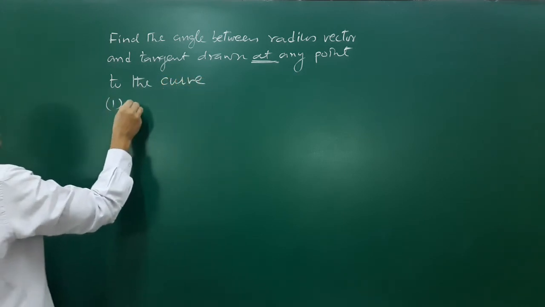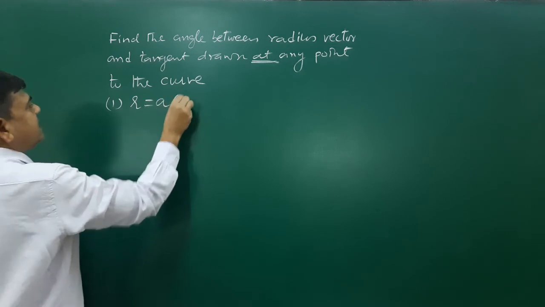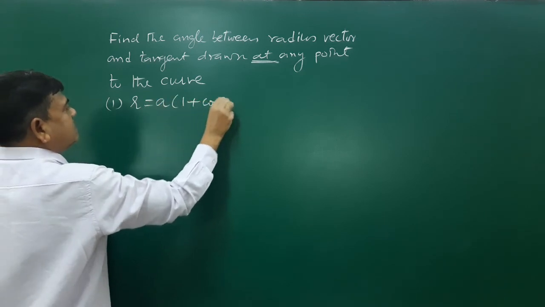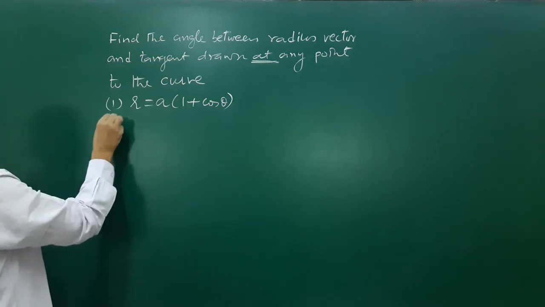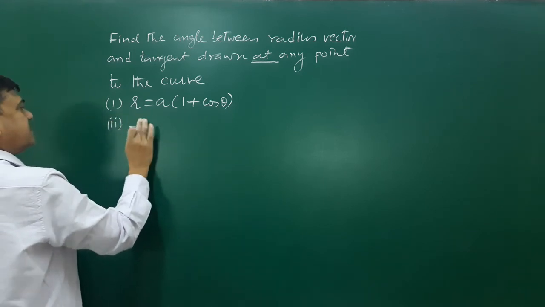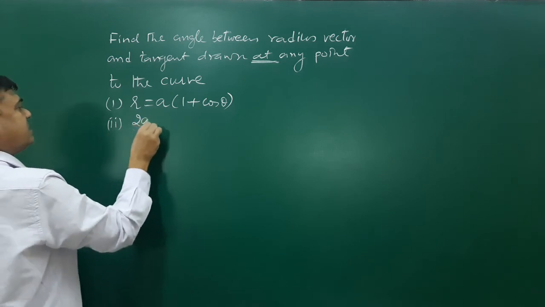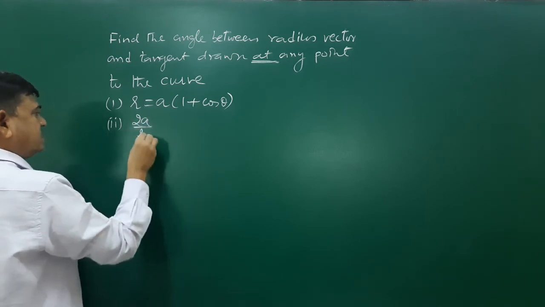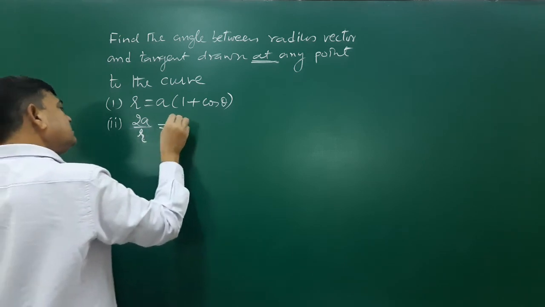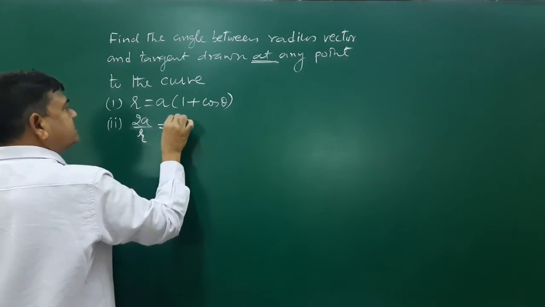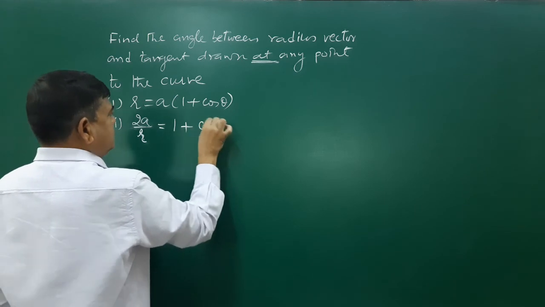First I write r equals a times 1 plus cos theta, and second I write 2a upon r equals 1 plus cos theta. Okay.